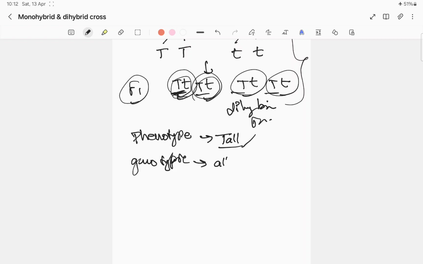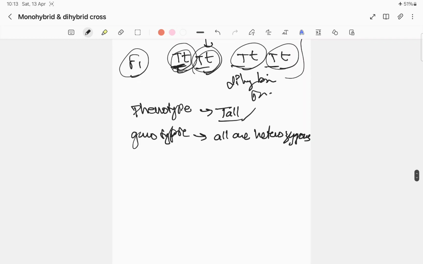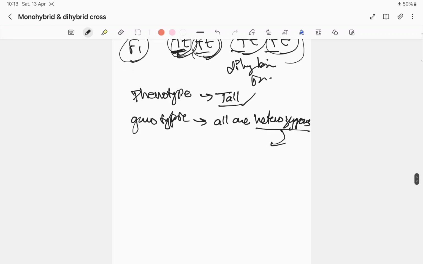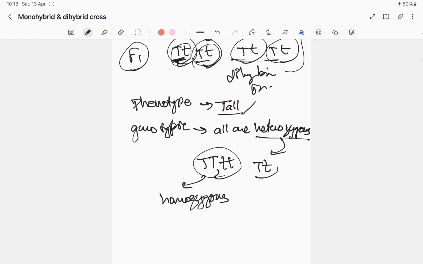So we can say all are heterozygous, right? If you have any doubt regarding heterozygous, I will explain that also. If capital T capital T or small t small t is present, this case is called homozygous, and if two different alleles are present, then this is called heterozygous.